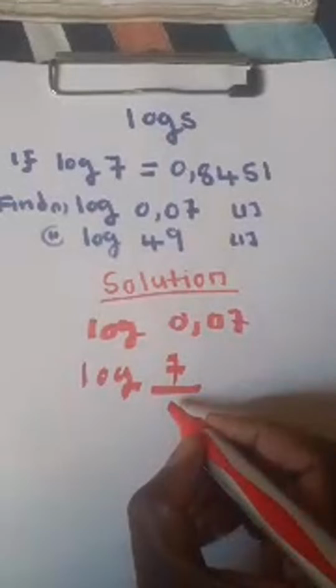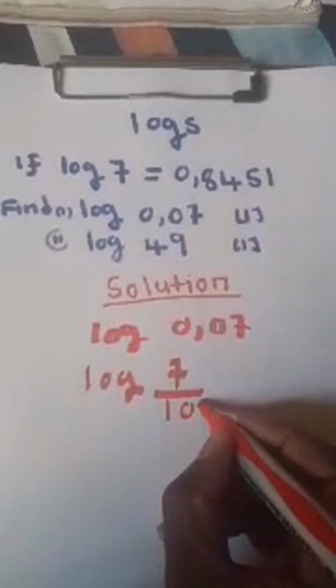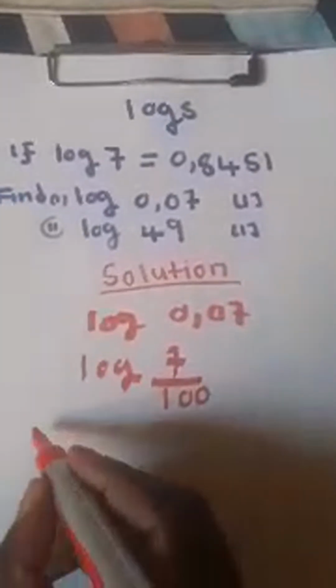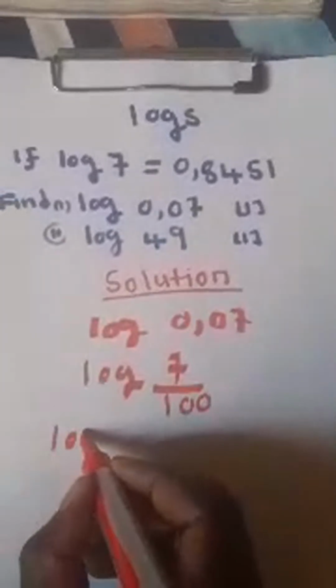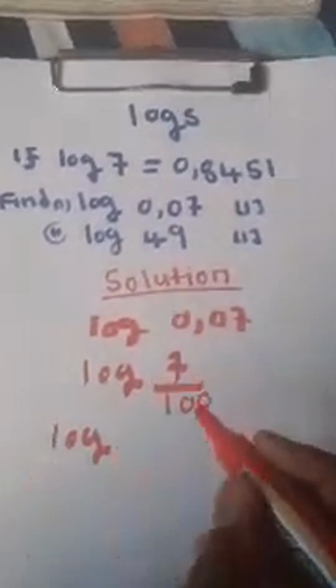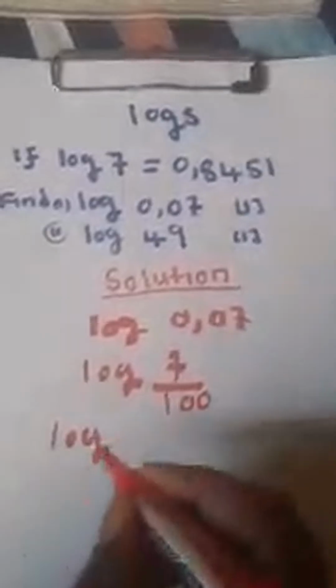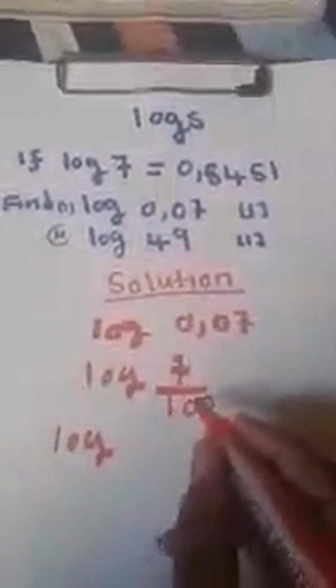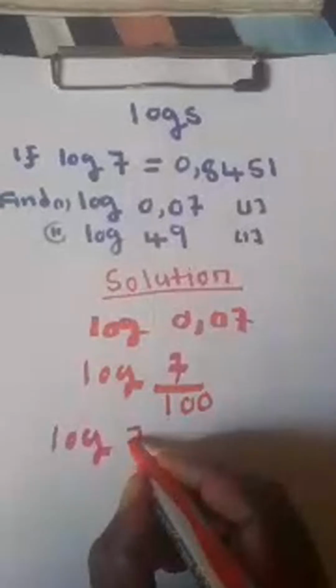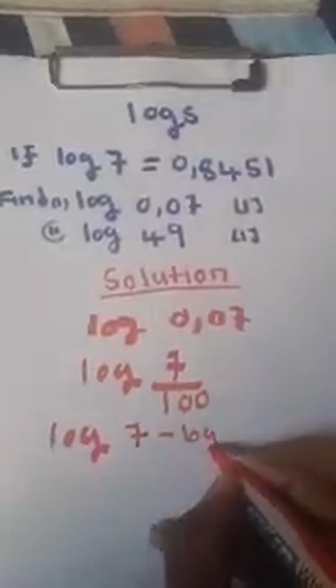We have 2 digits, so 1 and 2 zeros. So log 7 over log 100 is the same as log 7 minus log 100. We are dividing here, so we're going to subtract. It's going to be log 7 minus log 100.